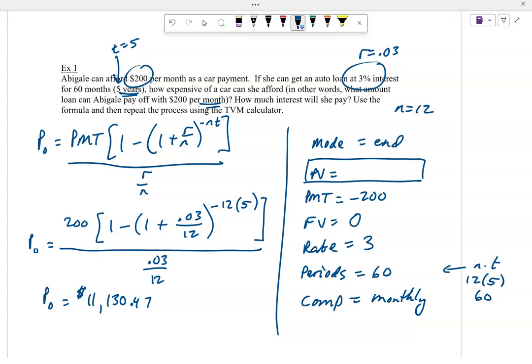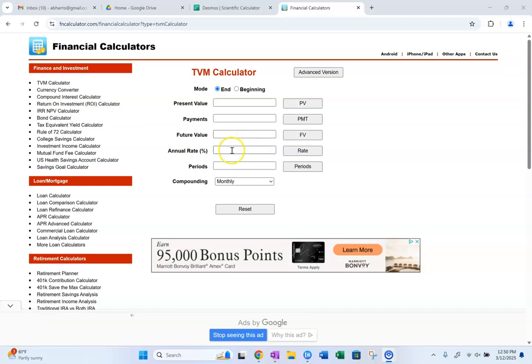And then I'm going to click on that present value. So the story is I got a 3% auto loan. I'm going to make 60 total payments, 12 times a year for 5 years. 12 times 5 is 60. I'm going to owe the bank nothing at the end of that loan after I make all 60 payments. I can afford a $200 payment.